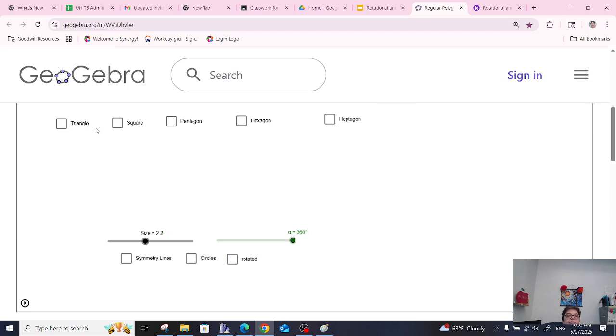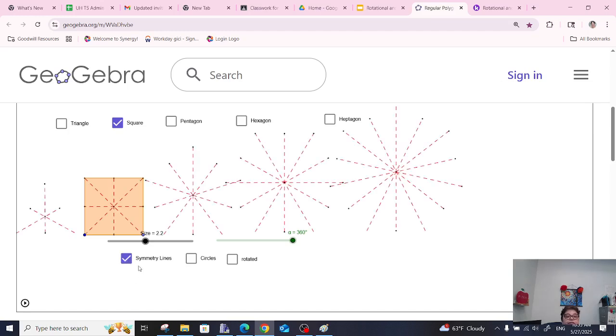So now we're going to look at the square. And we're going to look at its line of symmetry. How many lines of symmetry does a square have? 4, because it's a 4-sided regular polygon. You have the one that goes through the midpoints and then going from diagonal to diagonal.